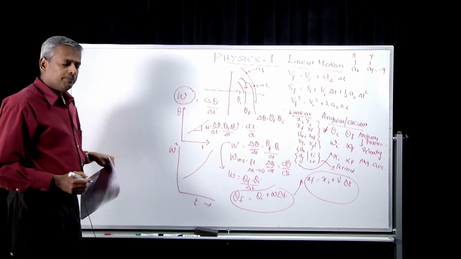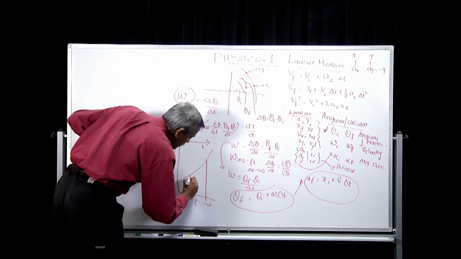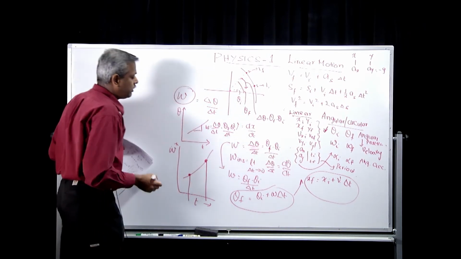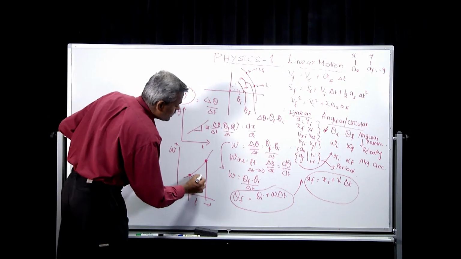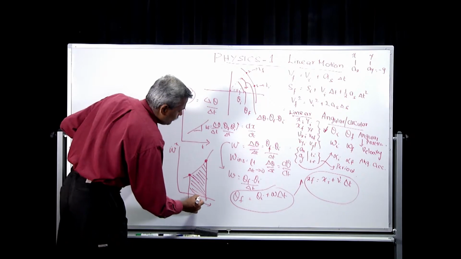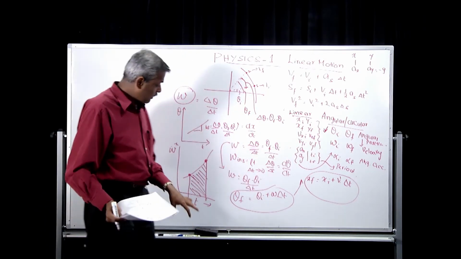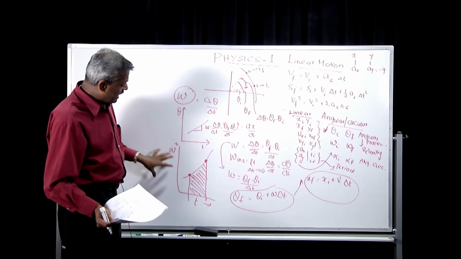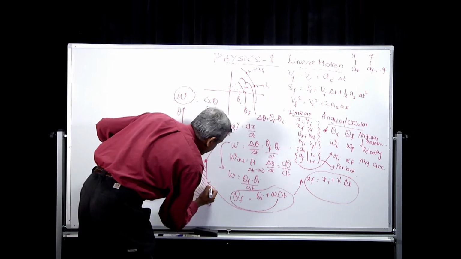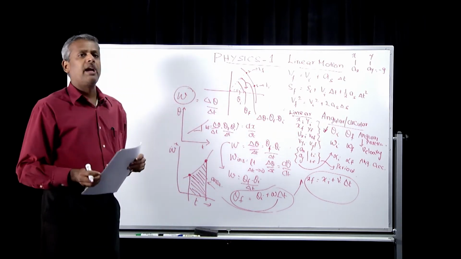For example, I can get the area between two positions, omega I and omega f. You can get this integration, or the area under the curve, which is nothing but your omega times delta t. If you plot a graph between omega and t, this area is called the area under the curve, that is your omega t.